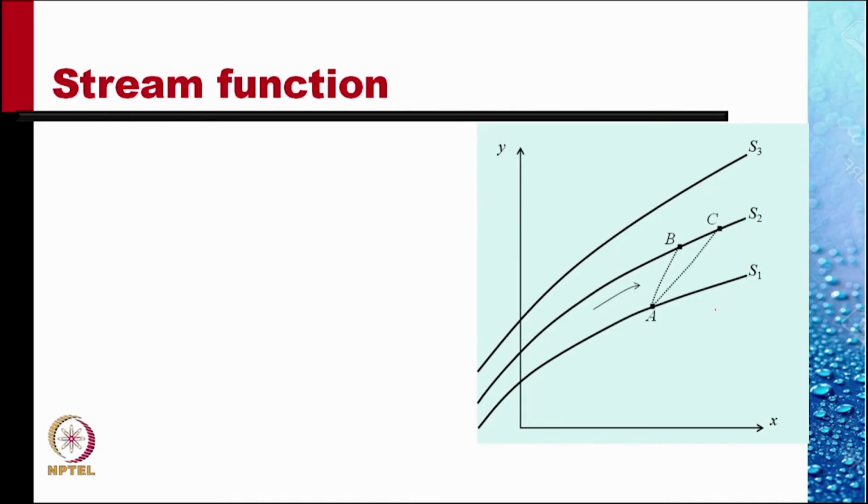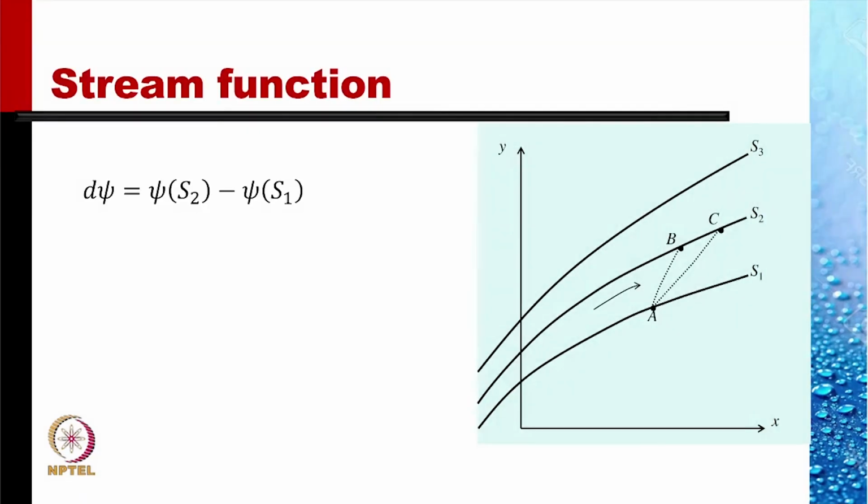Now we can associate a function psi with streamlines such that d psi is psi at S2 minus psi at S1.